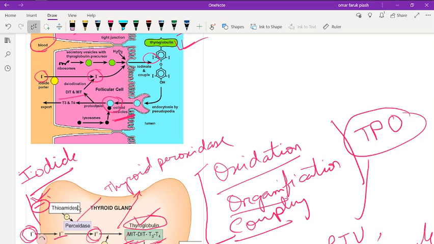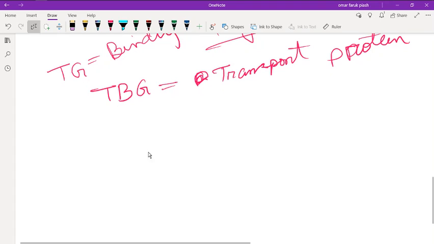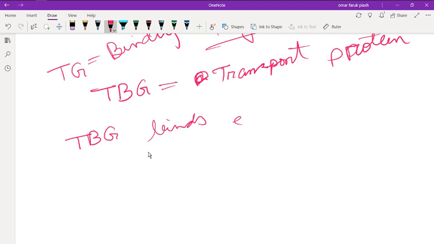And another thing you have to remember: this thyroid binding globulin or thyroxine binding globulin actually binds with T3 or T4 in the blood, and bound T3 and T4 is inactive.